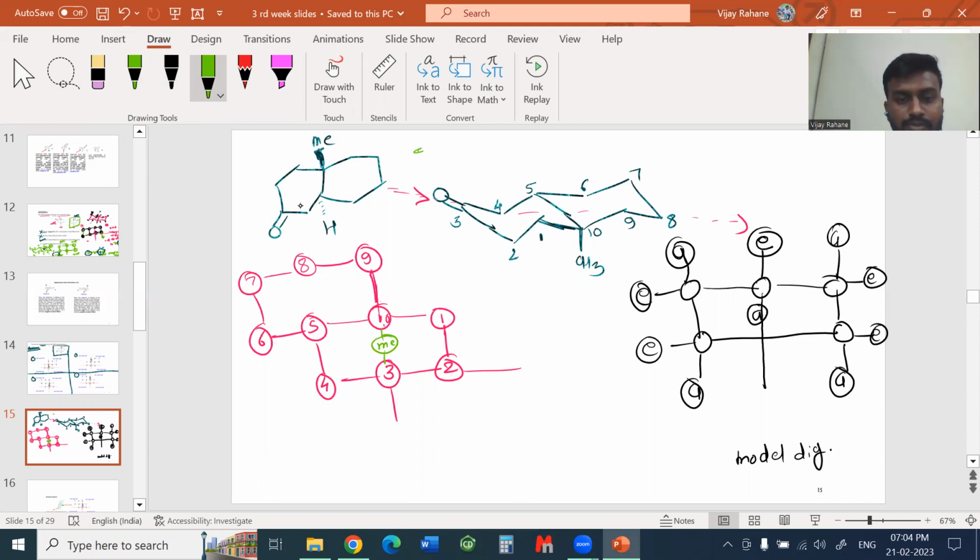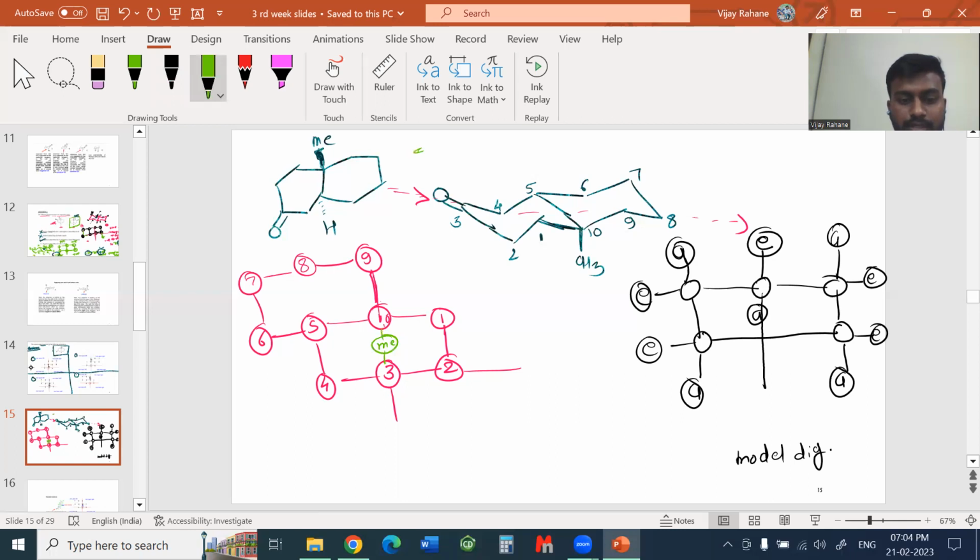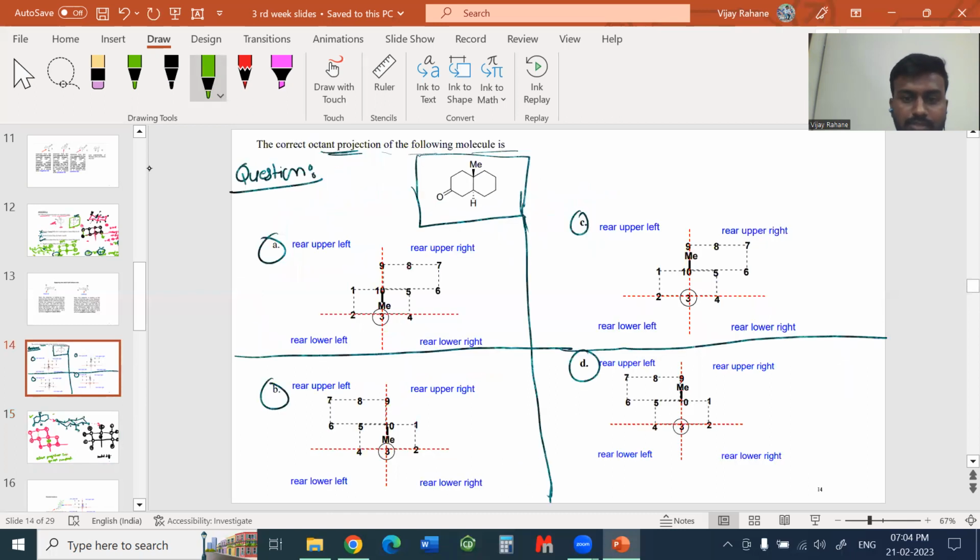So this one is the correct position, and then we will match it with the options, right? So which option? This one is the octane projection for the given compound. This is the given compound, and the octane projection for it is like this. So we will match with the options.